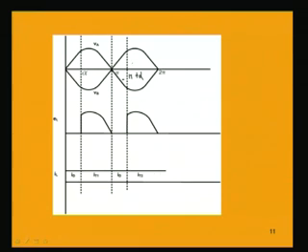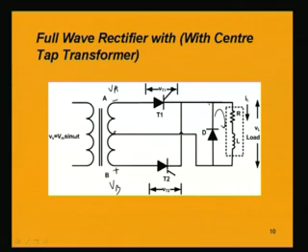Now, in the other half cycle, that means when VB is in the positive half cycle and after pi plus alpha, the thyristor T2 will fire. The thyristor T2 will conduct now, because its anode is positive.